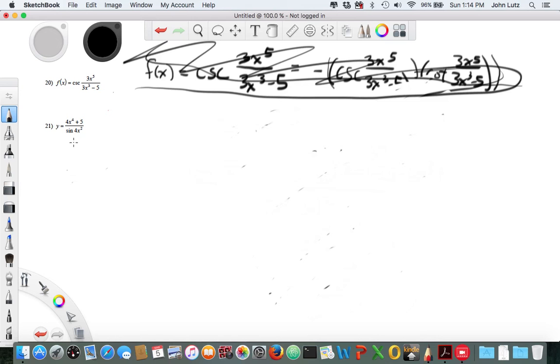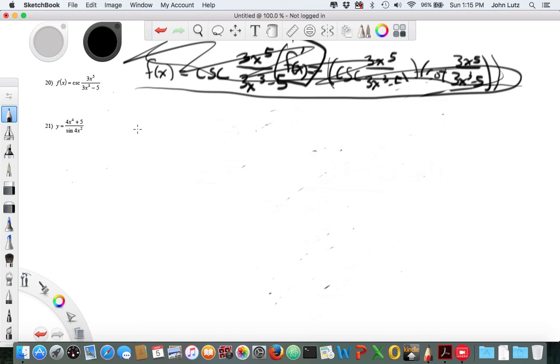The second one, the sine is on the inside. By the way, I said f of x equals this, but this should say f prime of x equals all that other stuff. I would have gotten points subtracted. Just remember that f prime of x is what all this stuff was.